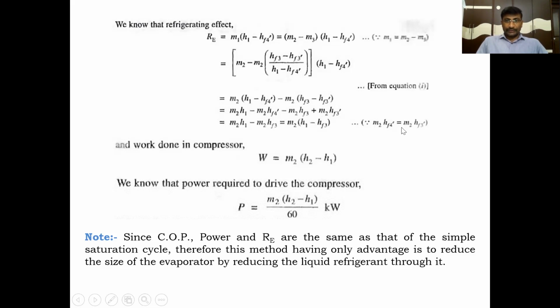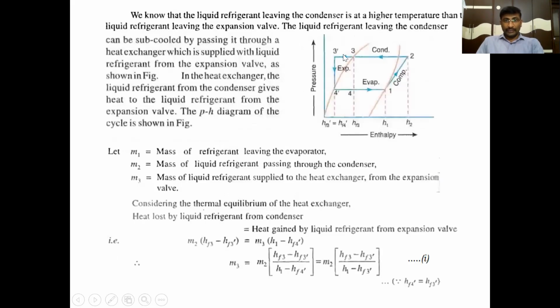Here HF4 dash is equal to HF3 dash, so I'm cancelling M2 HF4 dash and M2 HF3 dash. So remaining is M2 into H1 minus M2 into HF3, or M2 into H1 minus HF3. HF3 means HF4. That is M2 into H1 minus HF4.